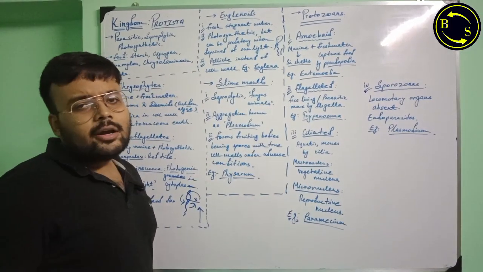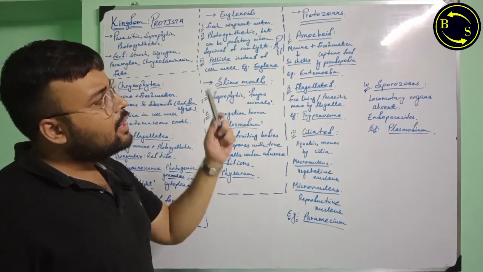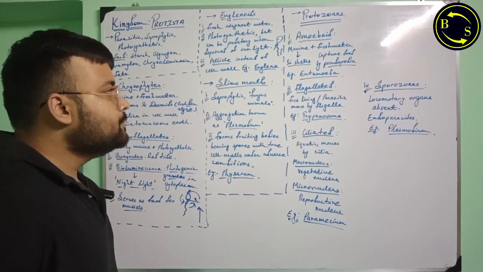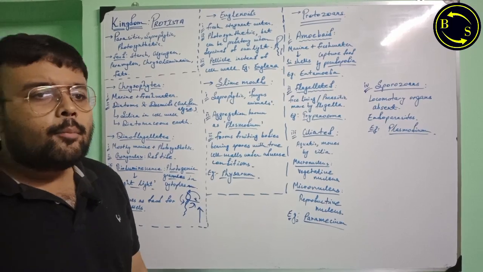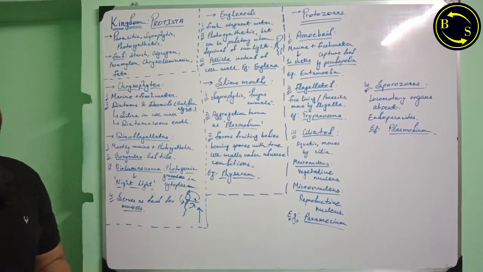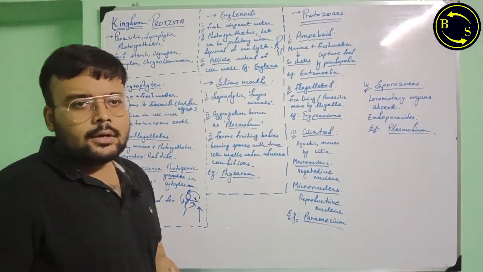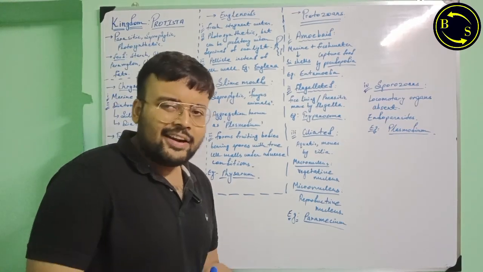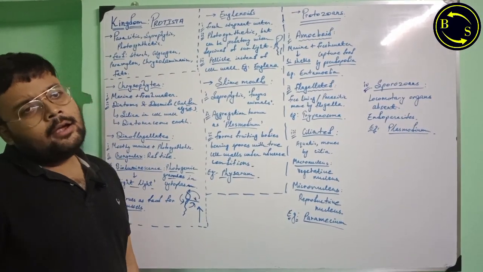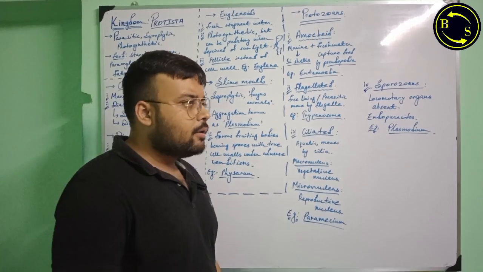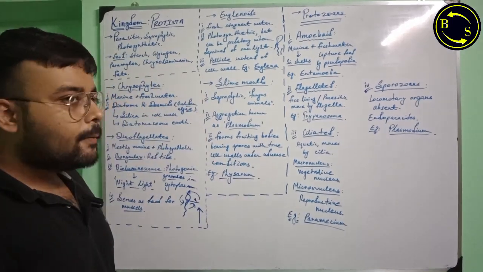Protozoans can be divided into four subclasses, starting with the amoeboid protozoans. These amoeboid protozoans are mostly aquatic. Some are found in moist soils, such as mud or wet sand. They are marine and also freshwater residents.